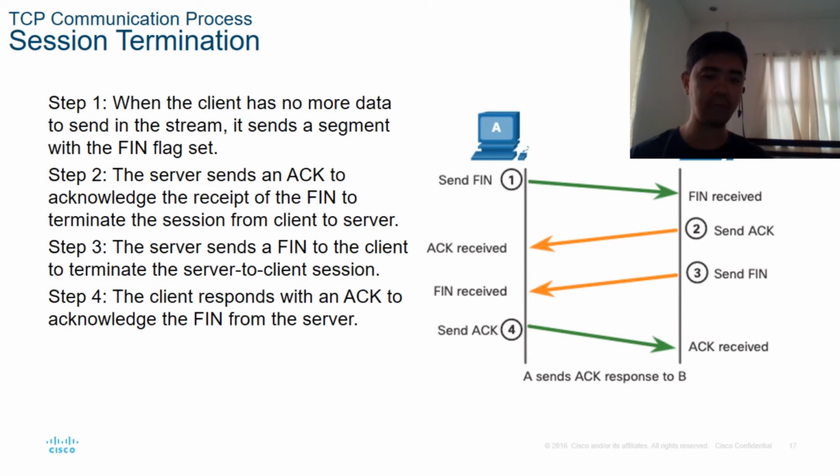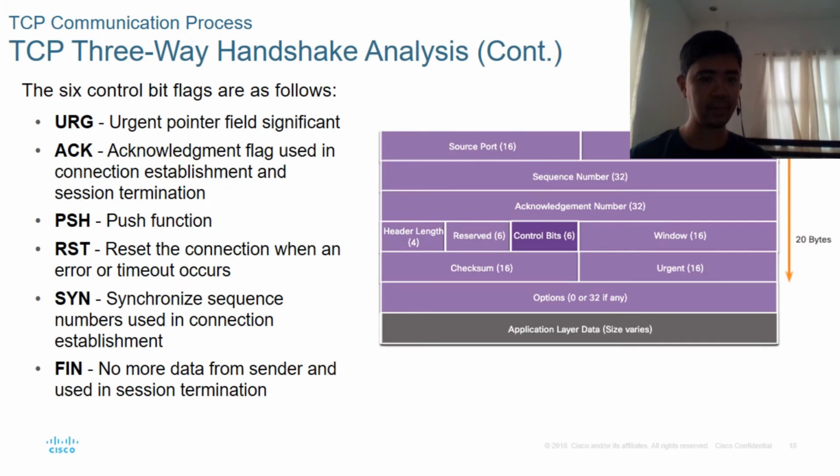After data transfer, the connection is terminated in a similar way to the three-way handshake. It sends a FIN and then acknowledges again. These are the specific flags, additional information to take note of under the three-way handshake.